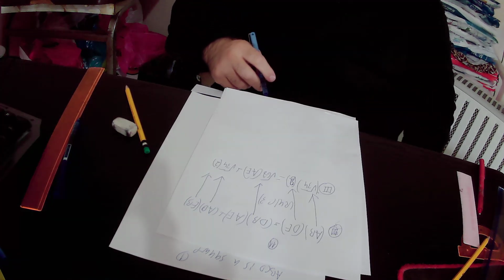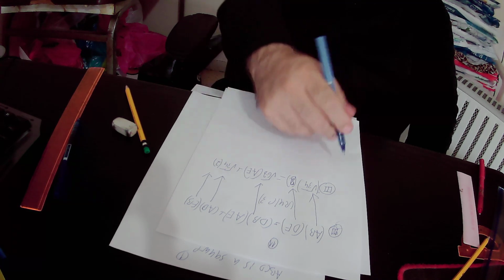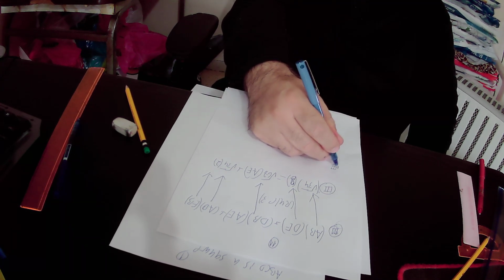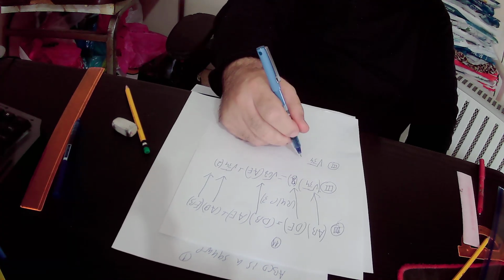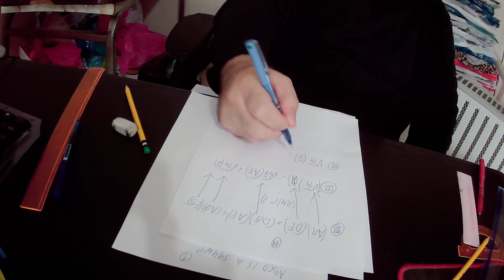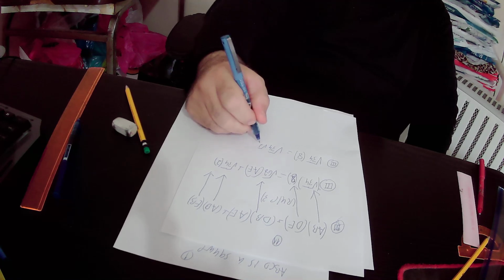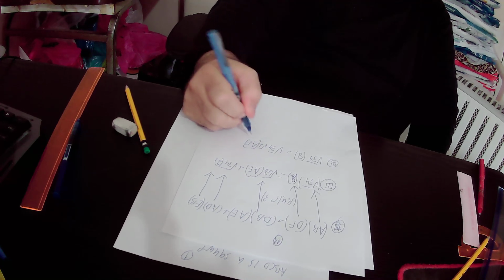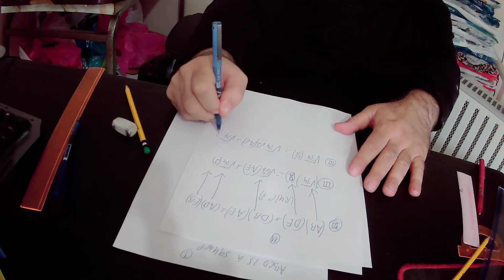So here we will substitute square root of 68 by square root of 34 times square root of 2, and we will get that square root of 34 times 8 equals square root of 34 times square root of 2 times AE plus square root of 34 times 2.